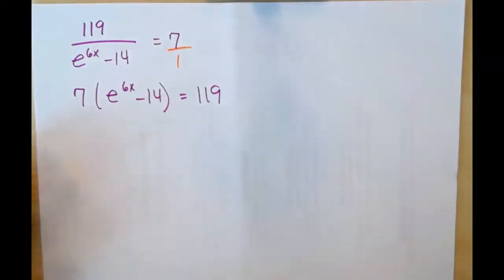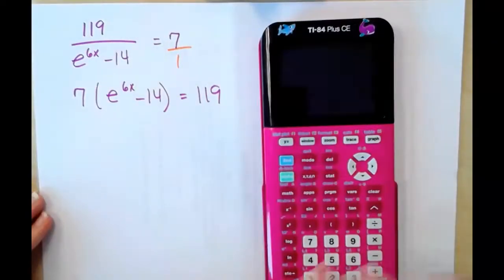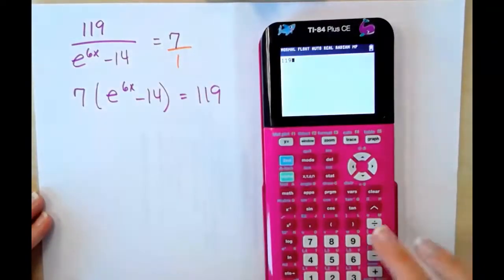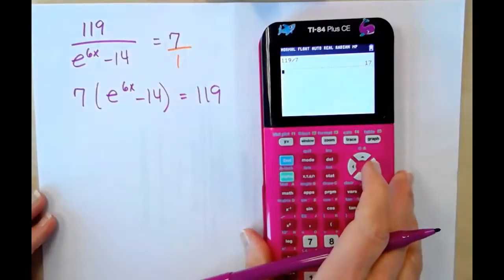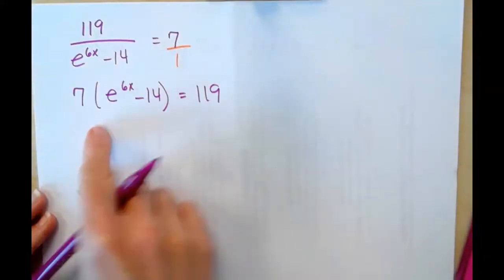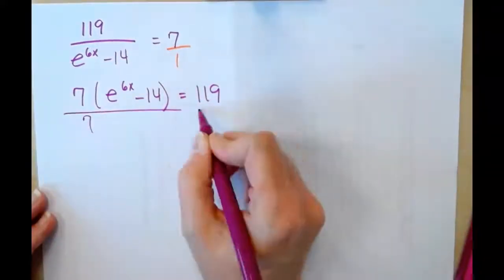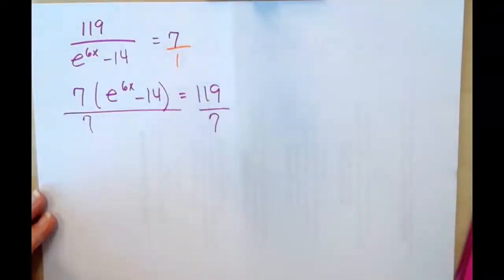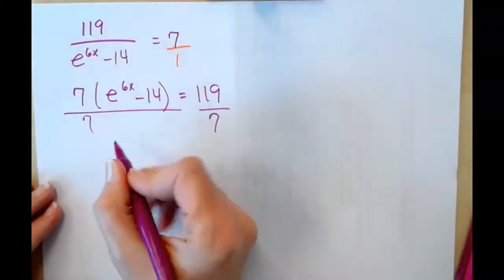Now, I'm looking at this problem and I bet that 119 is divisible by 7. What do y'all think? I think it is. 119 divided by 7, check it out. It's 17. So instead of distributing that 7, divide both sides by that 7, just to make the numbers smaller.